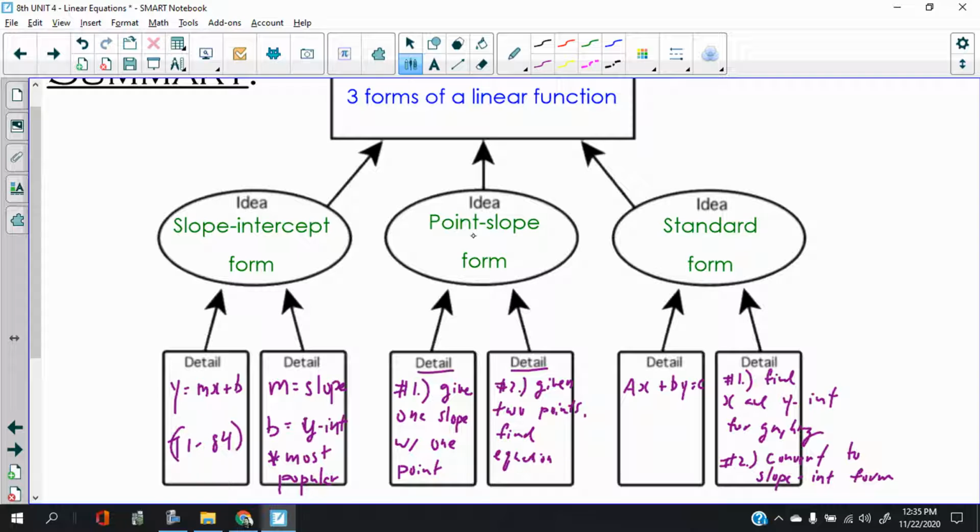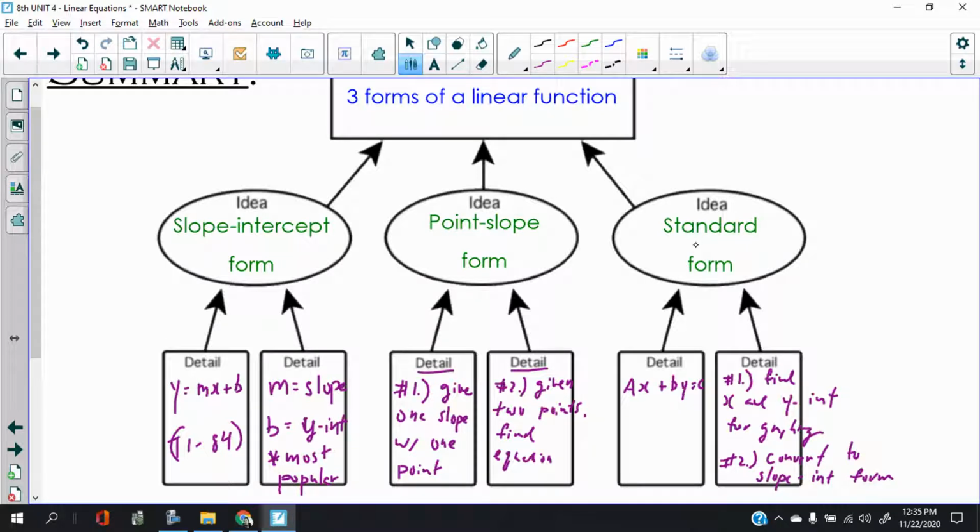The second one, point-slope form: number one, it gives one slope with one point, meaning if I give you a slope and one point, can you give me the equation? Number two, if I give you two points, can you still find the equation? You can look back at your older notes for that.